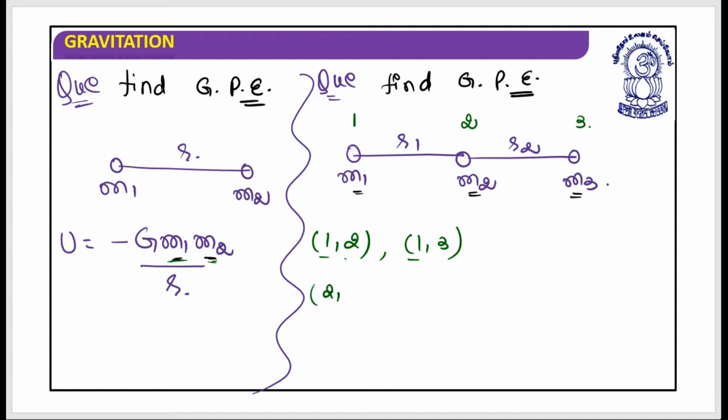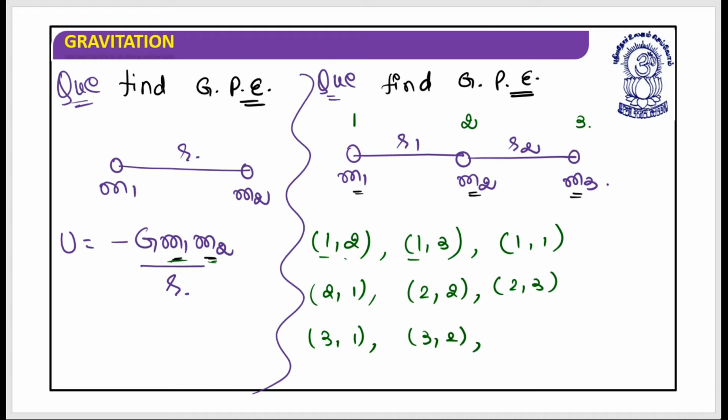Then it's 2 comma 1, 2 comma 2, 2 comma 3, just as 1 comma 1 would be an option over here. Next it would be 3 comma 1, 3 comma 2, and 3 comma 3. One thing is, you cannot have minus G into m1 into m1 divided by r, because two different masses are needed.